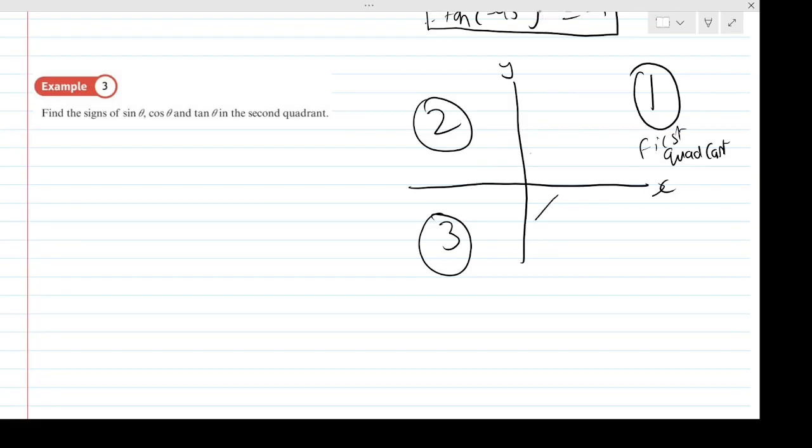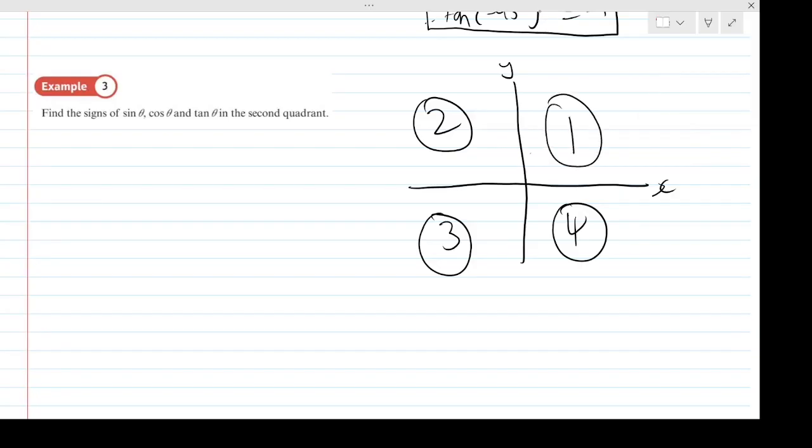And then lastly, we have this last quadrant, the fourth one, and that's when x is positive and y is negative, okay? And so we split this up into 4 different quadrants. These are what we label these 4 spaces in the XY grid, okay?